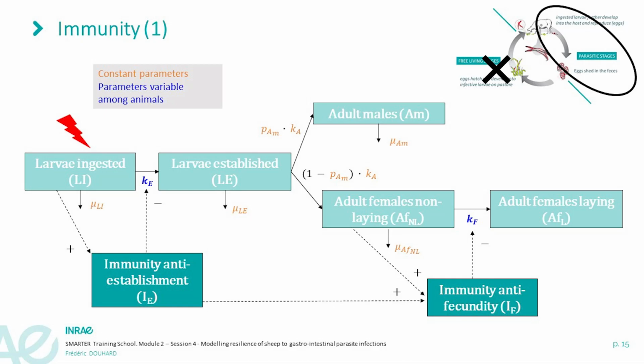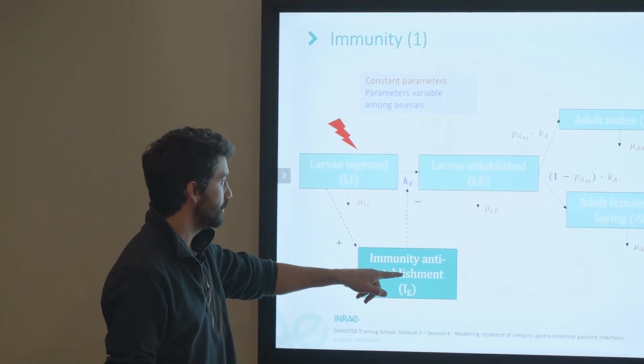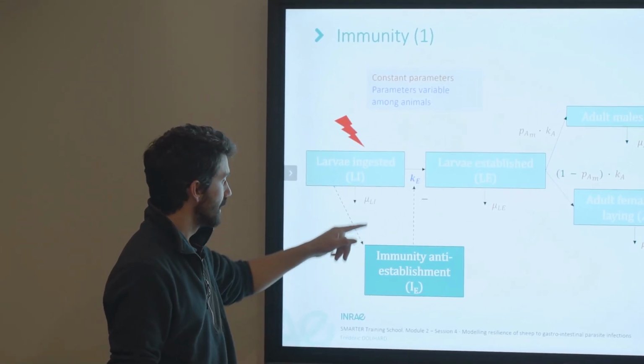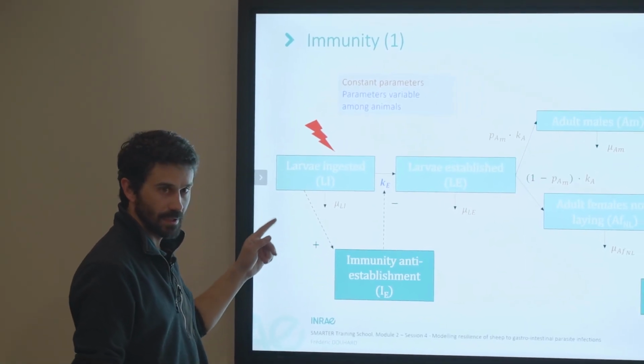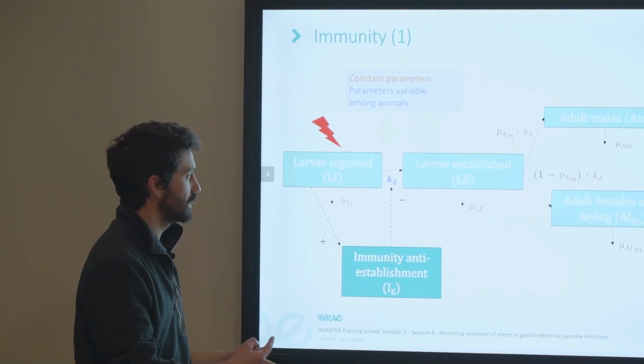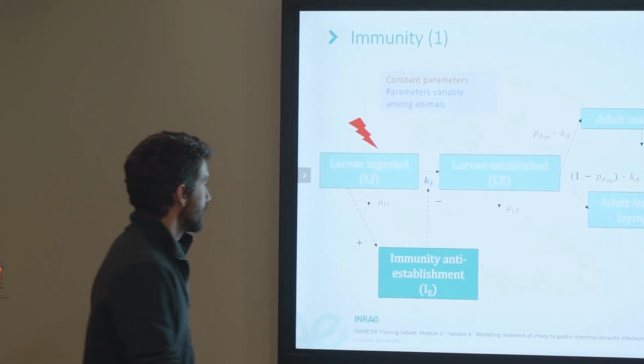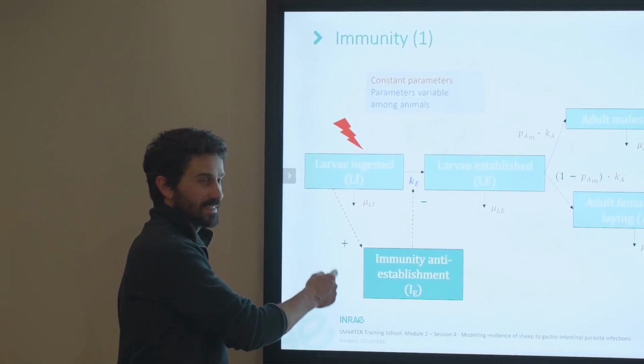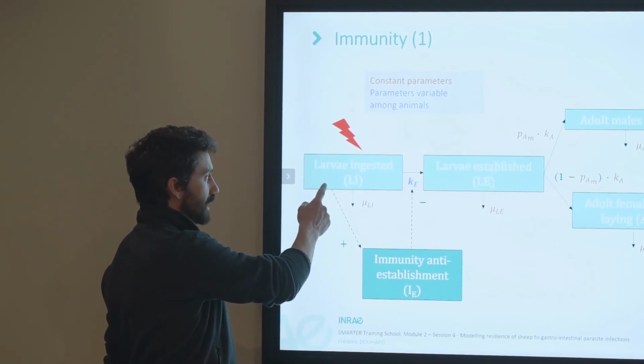And it's an interaction. This means that you have an action of immunity on the parasites, but the immunity is also stimulated by the presence of the parasite. This is why we have an interaction. So basically, the immunity against establishment is stimulated by the number of larvae ingested.